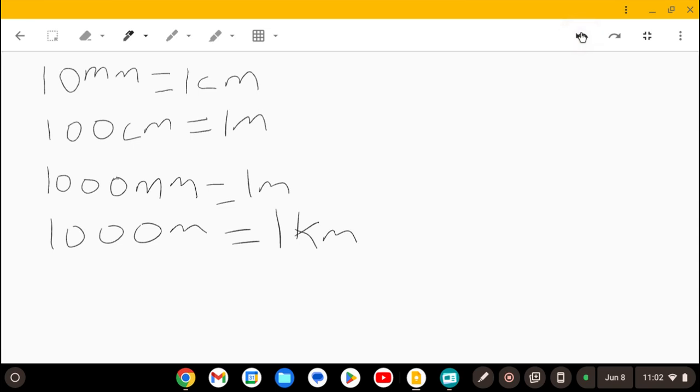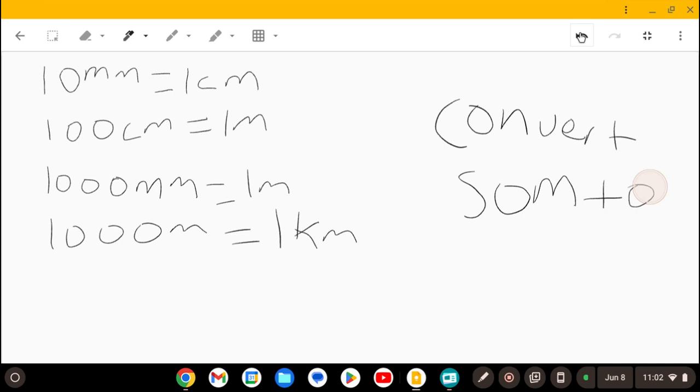So this is going to be convert 50 meters to centimeters. First, let's look at how many centimeters make a meter. 100 centimeters make a meter. So now we need to determine if we're going to multiply or divide by 100.